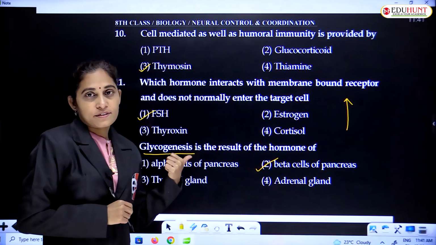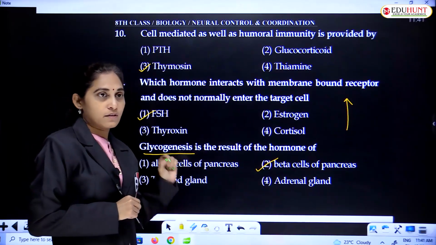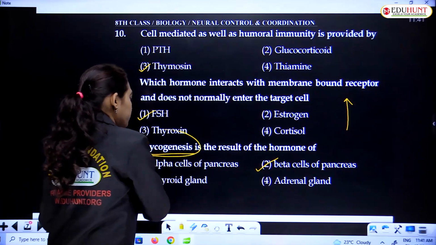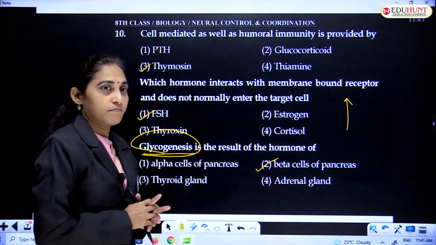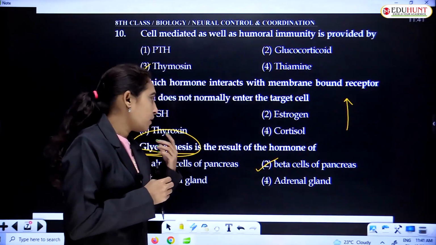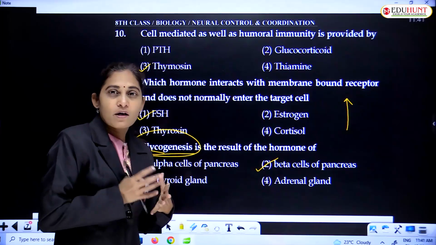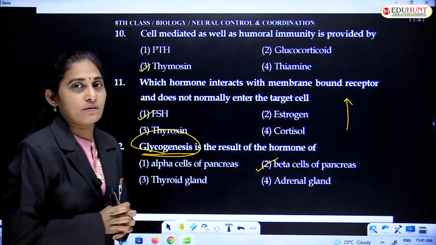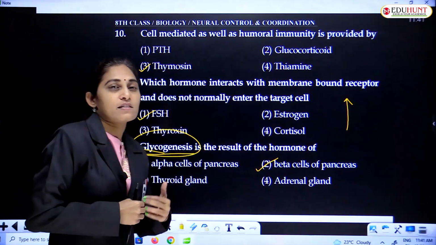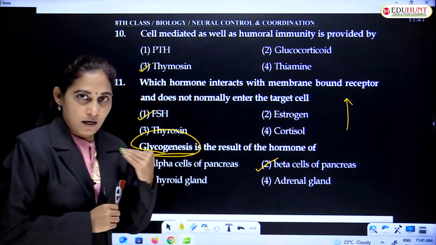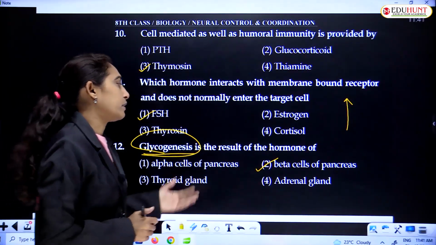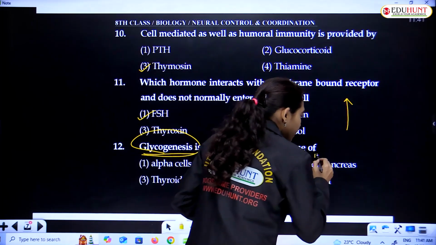We have to understand which hormone is responsible for glycogenesis first. Glycogenesis is one of the activities of glucose regulation. We know that alpha cells and beta cells secrete glucagon and insulin respectively. So insulin is responsible.